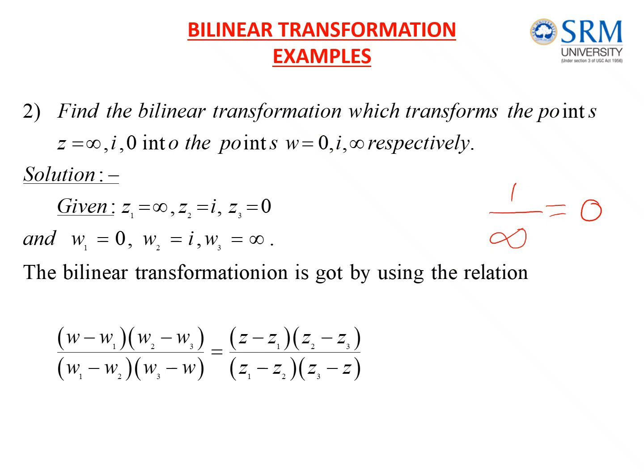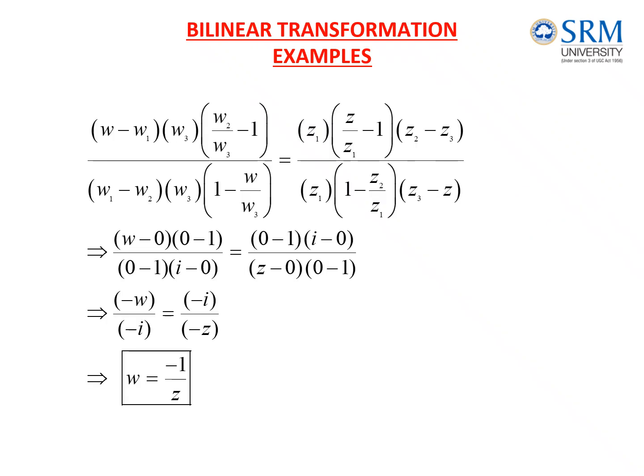After writing this cross ratio property, whichever point is infinity, we take that point as common and simplify it with the denominator, so that it remains in the denominator and the others get cancelled. On the left hand side, I need to take w3 as common. On the right hand side, I should take z1 as common. That simplification is shown here. w3 is taken common in both the numerator and denominator, so it gets cancelled and the remaining term is in the denominator. Similarly, on the right hand side z1 is taken as common and cancels with the denominator, leaving z1 in the denominator.